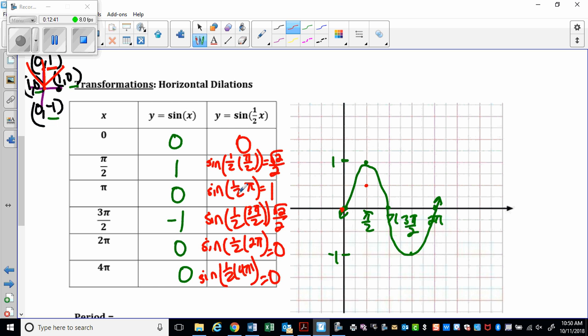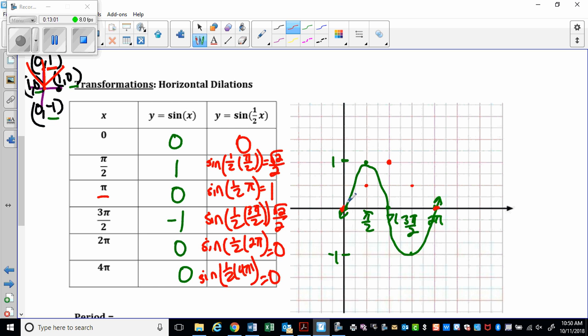At pi, I'm going to be at 1, so I'll be right here. At 3 pi over 2, I'm barely going back down right here. At 2 pi, I will be at 0, and it won't come back up until 4 pi.